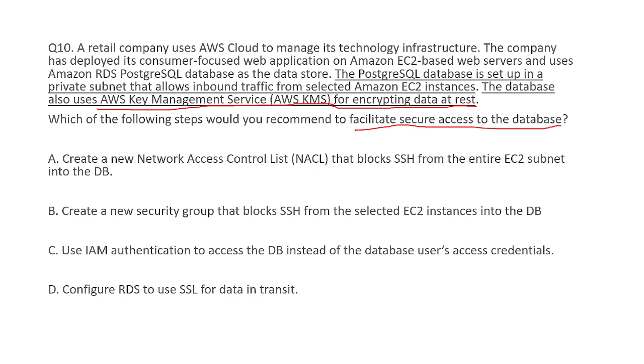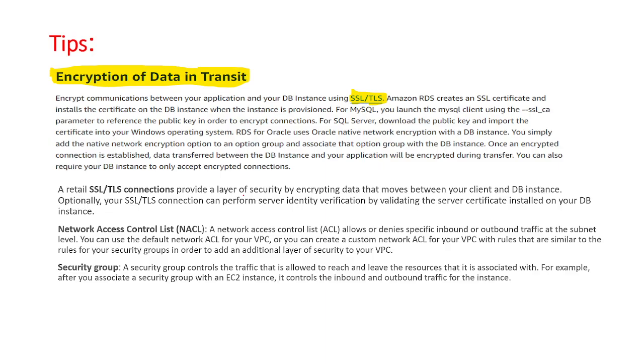Obviously this is not the correct one, because this is subnet level. NACL is applicable at the subnet level, so I don't think this is the answer. Security group is also not the one, because a security group is applied at the EC2 instance level.